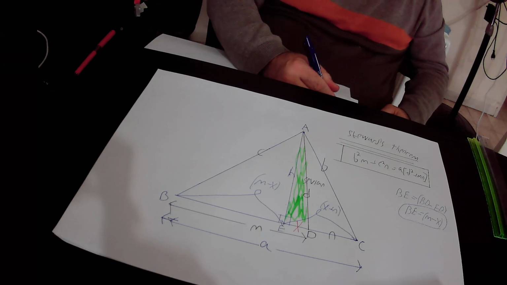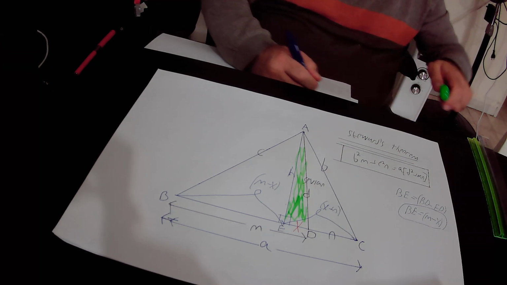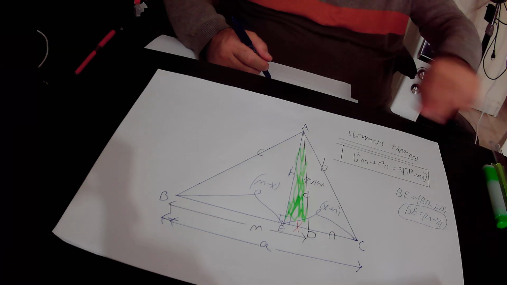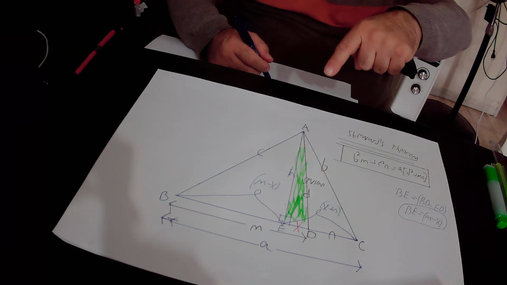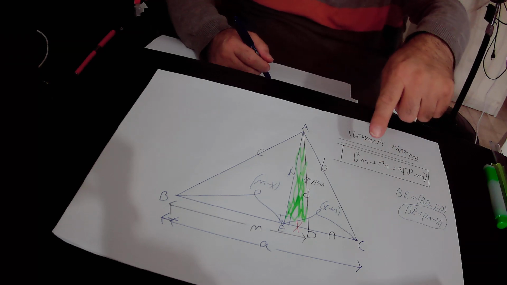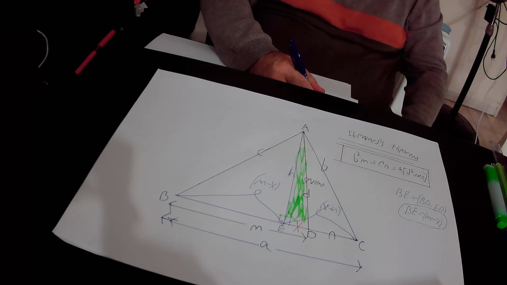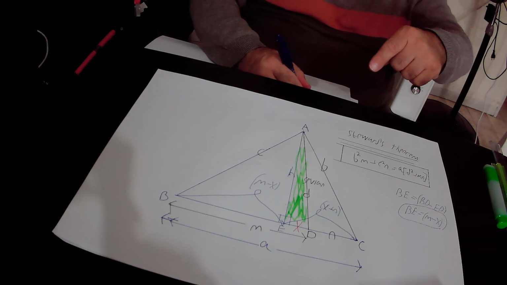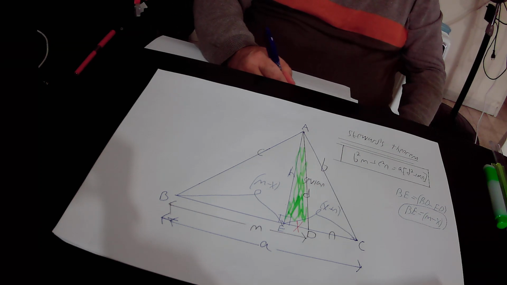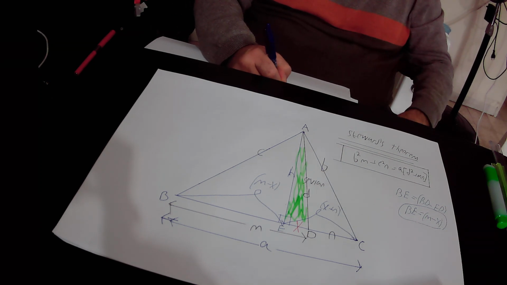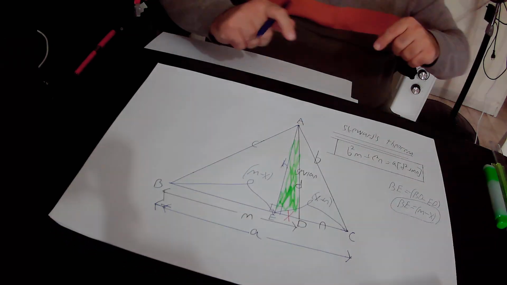According to the Pythagoras theorem, the square of the hypotenuse equals the sum of the squares of the perpendiculars. That is to say, the hypotenuse is AC, therefore the square of the hypotenuse is AC squared, and it must be equal to AE squared plus EC squared.